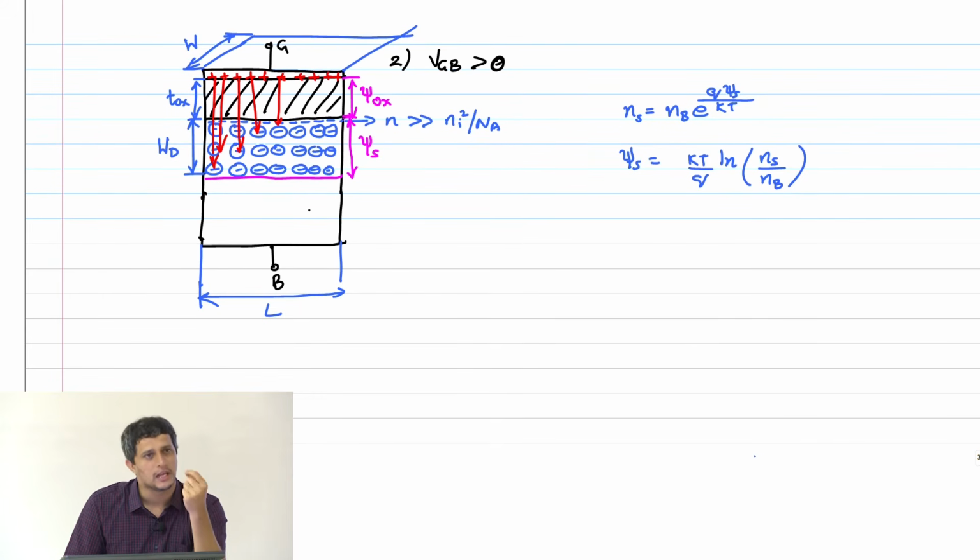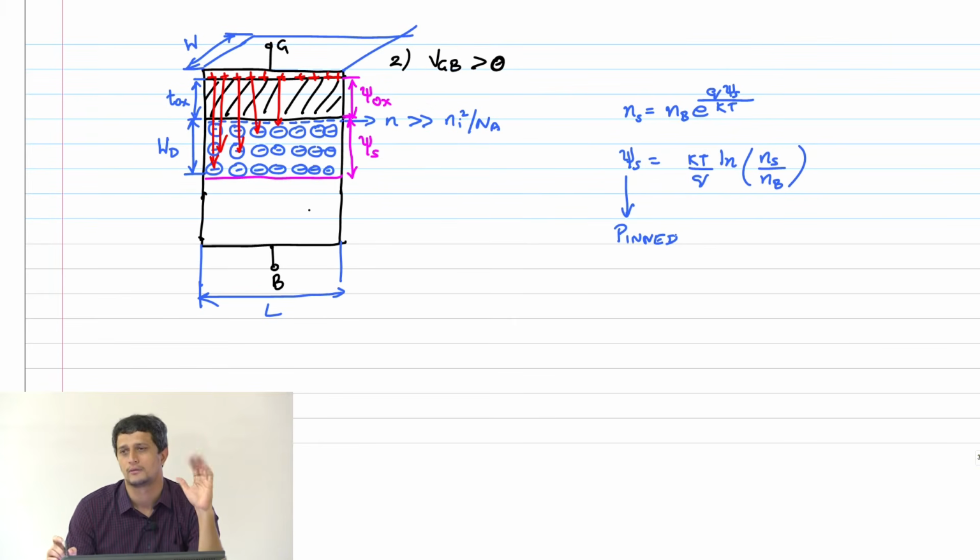So if this is very large, if there is enough number of surface charges already available, any further change in the surface charges can happen with very little change in the surface potential. So therefore, at some point we say the surface potential gets pinned. It does not get altered after that. That is a reasonable approximation.